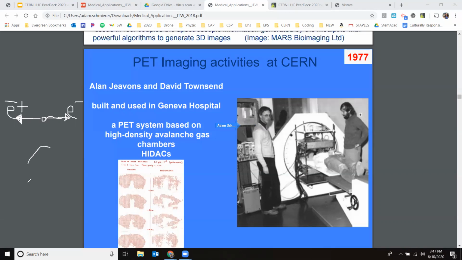So if here's your brain, and let's say you have a tumor right here, right? Tumors pull in glucose a lot faster than the rest of your body. And so it's pulling in more of the substance they injected into you because they lace glucose. And then guess what happens? Out comes an electron here and a positron here.